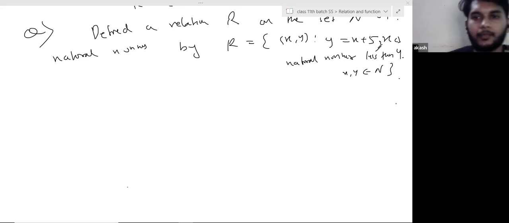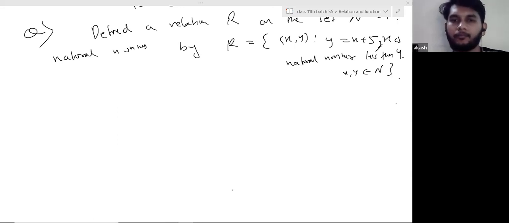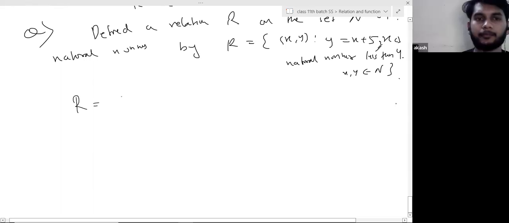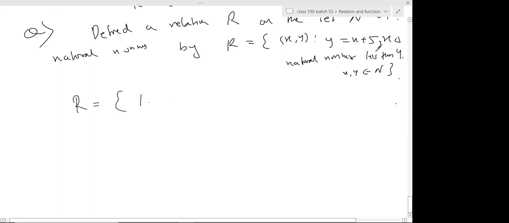Solved it? Fahad? What is the answer here? (1, 6), (2, 7), (3, 8).